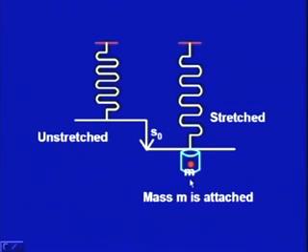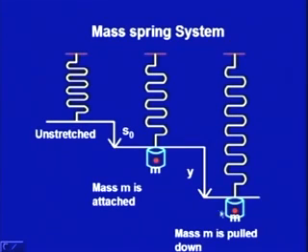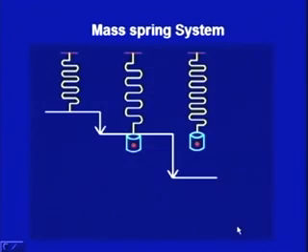Now, after this stretching, this is at the static position. So, if I pull this mass a little bit downwards and then release it, the spring will get more stretched, and then if I release it, what will happen?